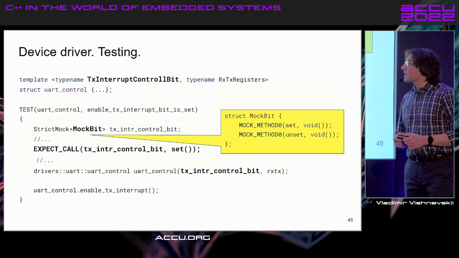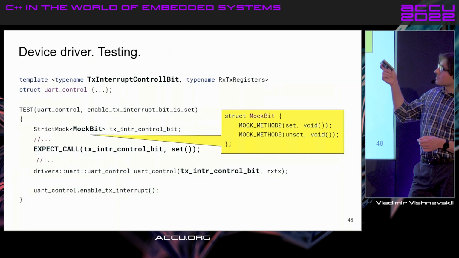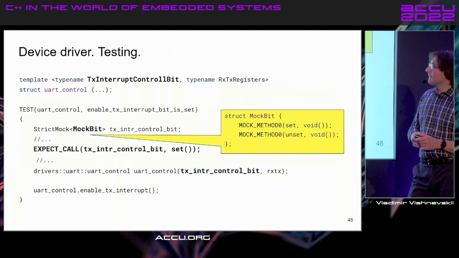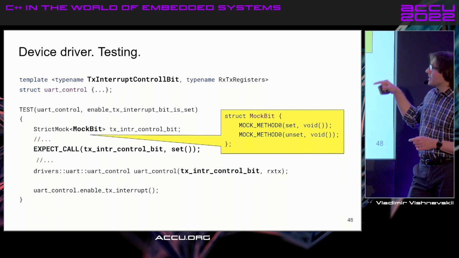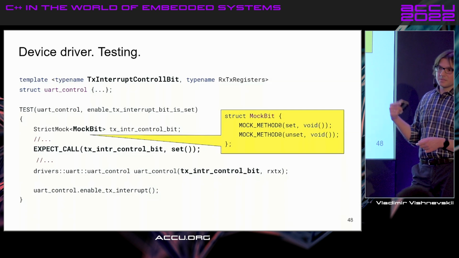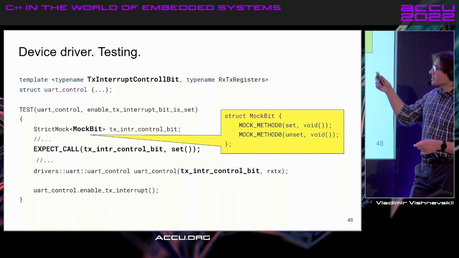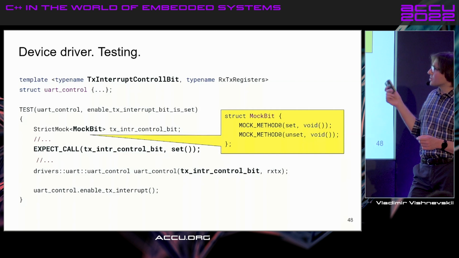As an example, it can be something like this. We have some driver, for example, our UART control. It can be designed in a way that it depends on some particular bit that activates the transmission. So we can mock this bit. Here is an example based on the GTest and GMock framework.